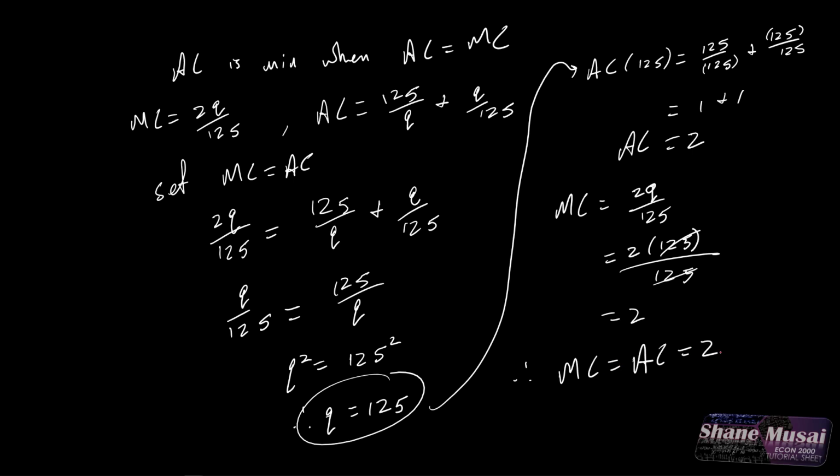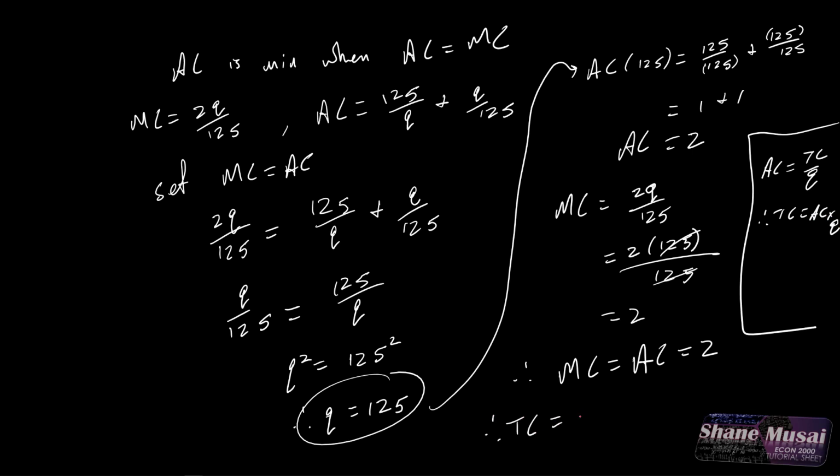Now also, I'll just write it in the small corner here, we know that your average cost is equal to your total cost divided by Q. Therefore, your total cost is equal to your average cost times Q, which is equal to 2Q in the long run. And that answers part C of the question.